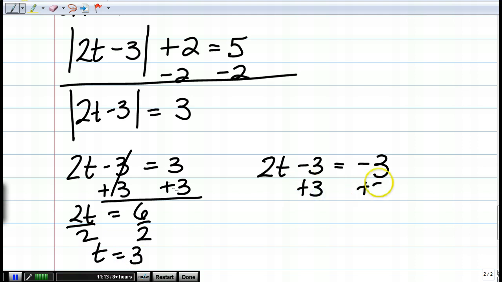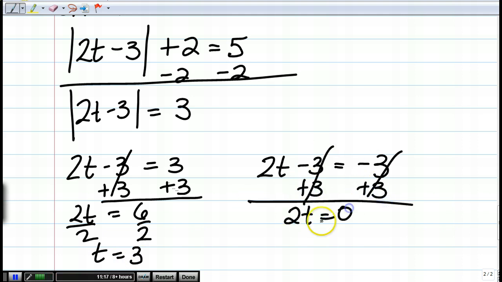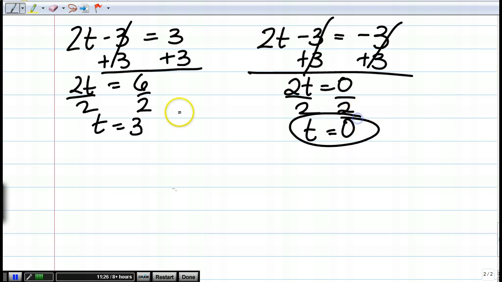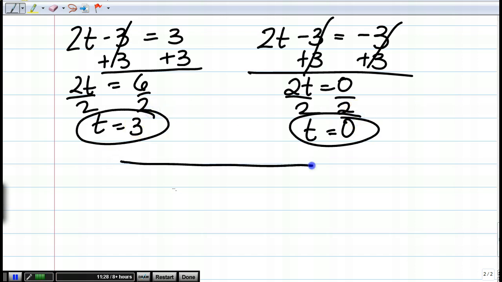Add 3, they both go away, you have 2t equals 0, when you divide by 2, you still get 0. So these are your answers. And again, when you graph it on a number line, you would have 0 and 3. And since you have to have one more point, I would just write negative 1 so I can see where your number line is.